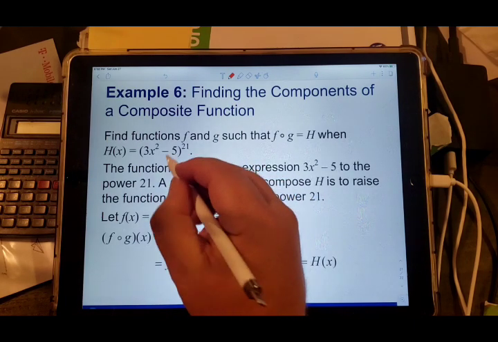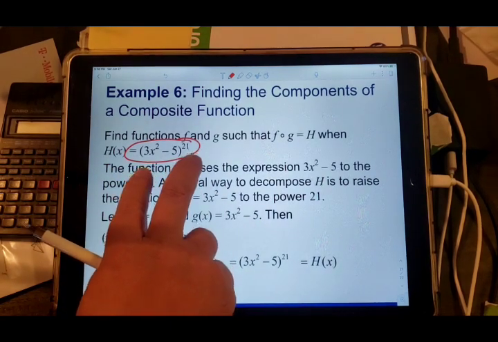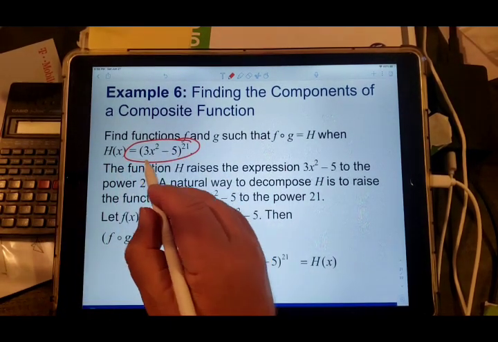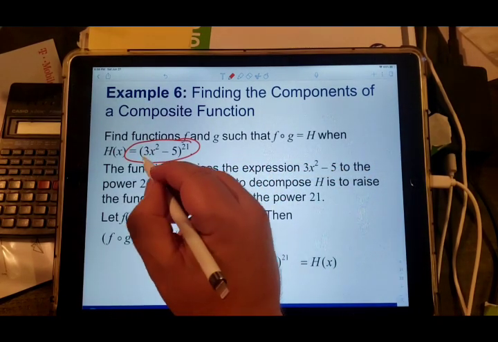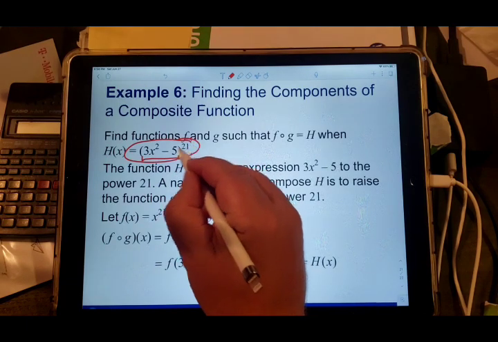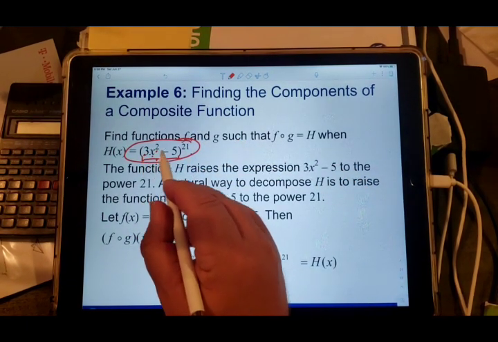All right, so they're saying, hey, look at this. Could you think of this as two separate functions? In other words, could you think of this as one function that has you take the argument and raise it to the 21st, and another function that has you take the argument, square it, multiply by 3, subtract 5.